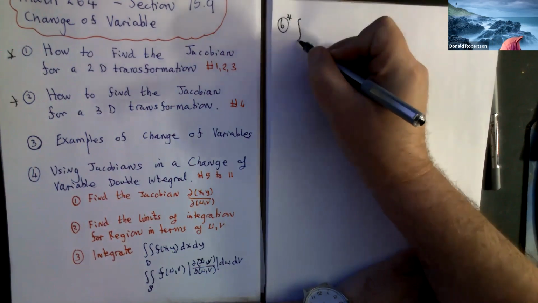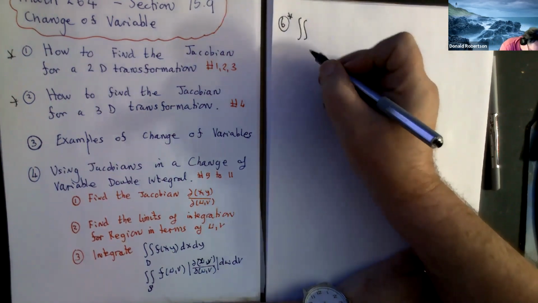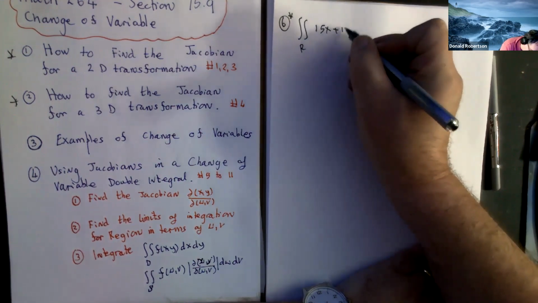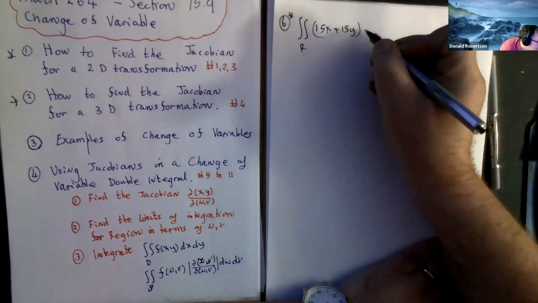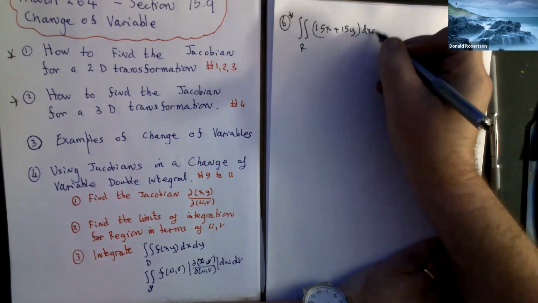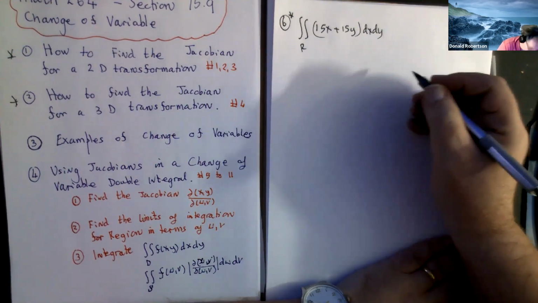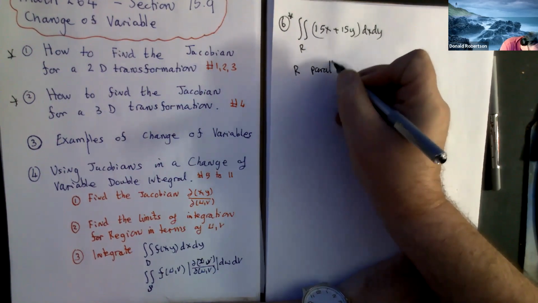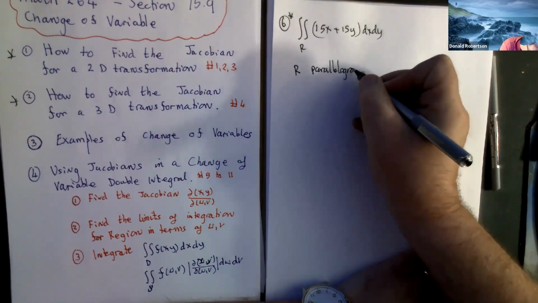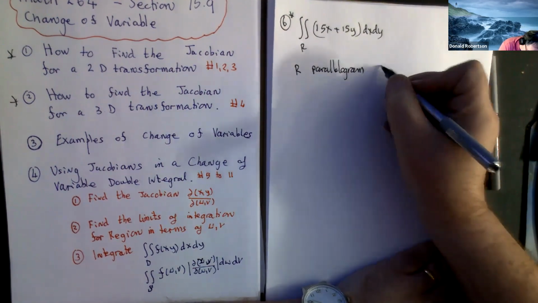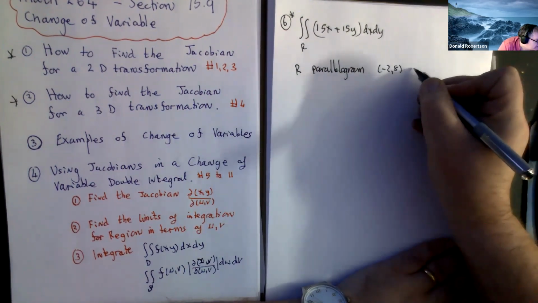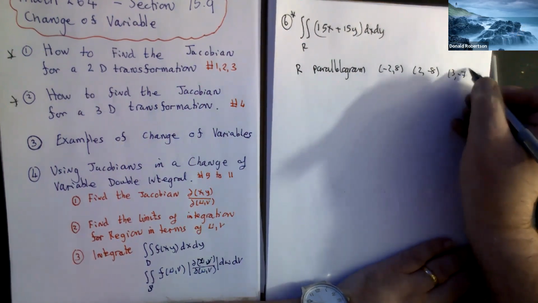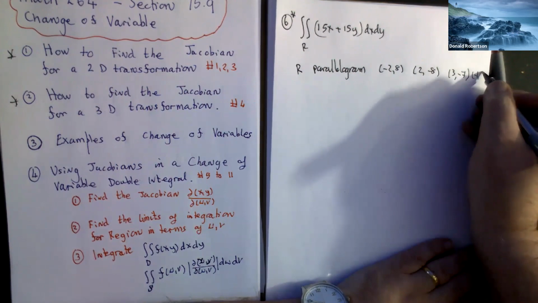So in question 6, we've been asked to do a double integral of 15x plus 15y dx dy. And the region R is a parallelogram. And that parallelogram has vertices negative 2, 8, 2, negative 8, 3, negative 7, and negative 1, 9.